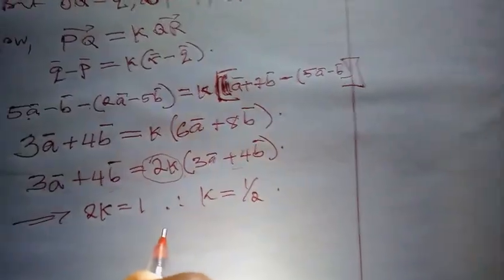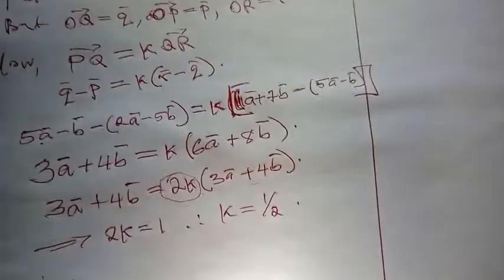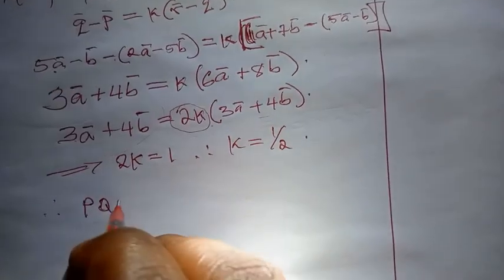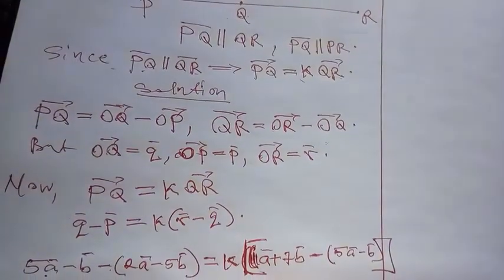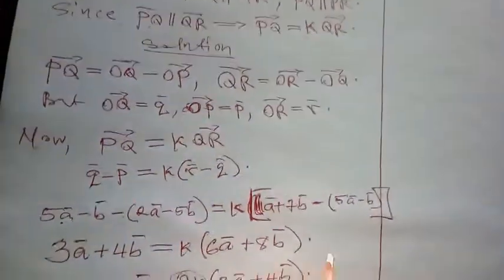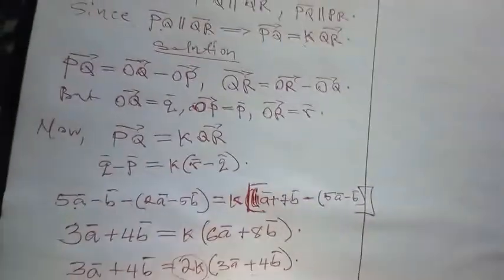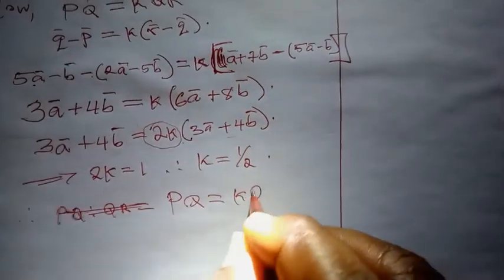But the other part of the question says we should find the ratio PQ to QR. Therefore, the ratio PQ to QR would be equal to K. We have PQ is equal to K times QR.